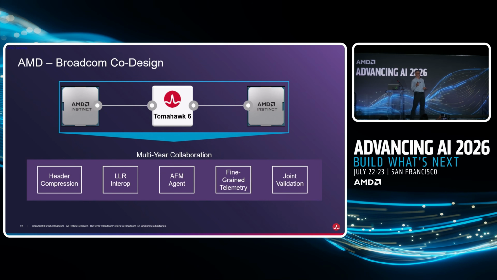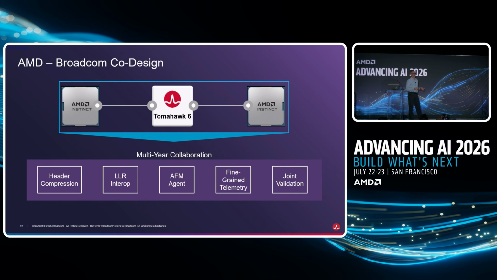As mentioned before, AMD and Broadcom have collaborated very closely on this. This is a multi-year collaboration. We talked about some of these features: header compression, link layer retry. Telemetry is a big deal, as far as network operations. So we enable an AFM edge agent for the switch. This is the AMD Fabric Manager.